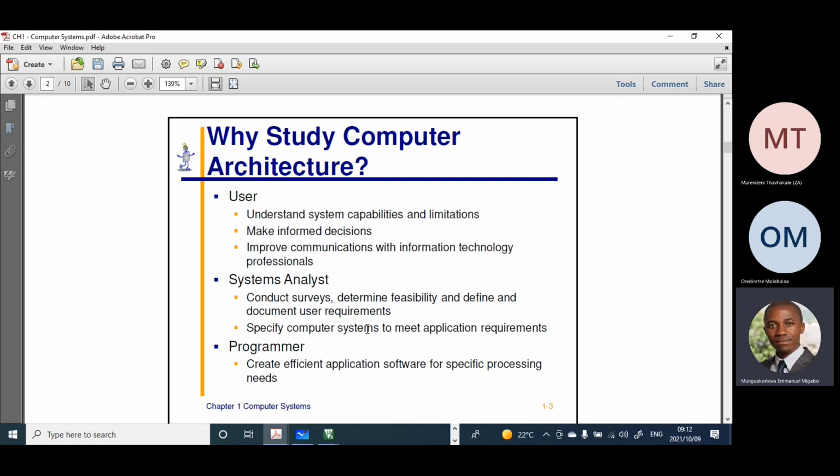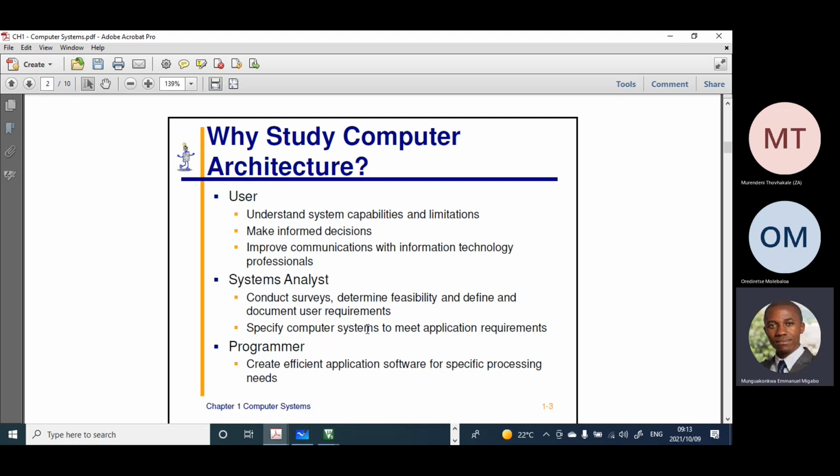When it comes to a system analyst, knowing the computer architecture allows them to conduct surveys, determine feasibility, and document user requirements whenever they are analyzing a system or planning any form of design.